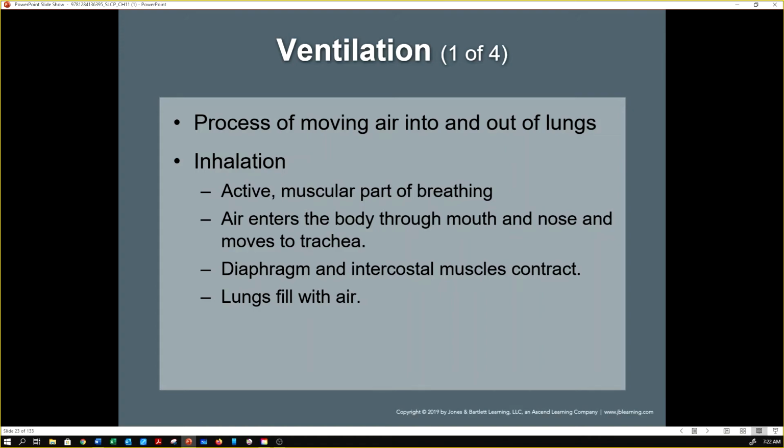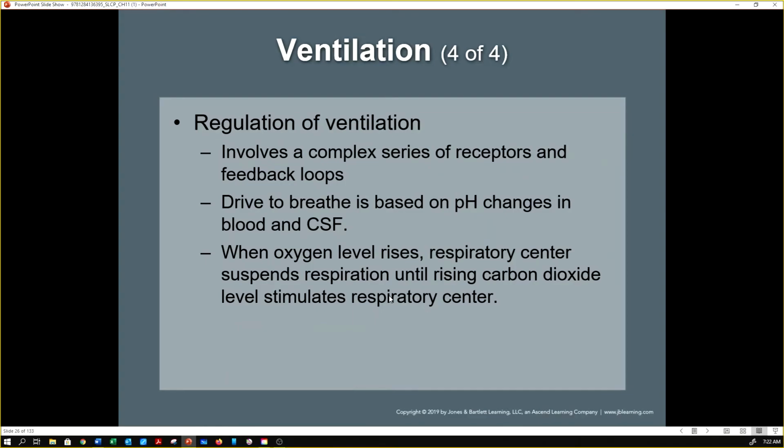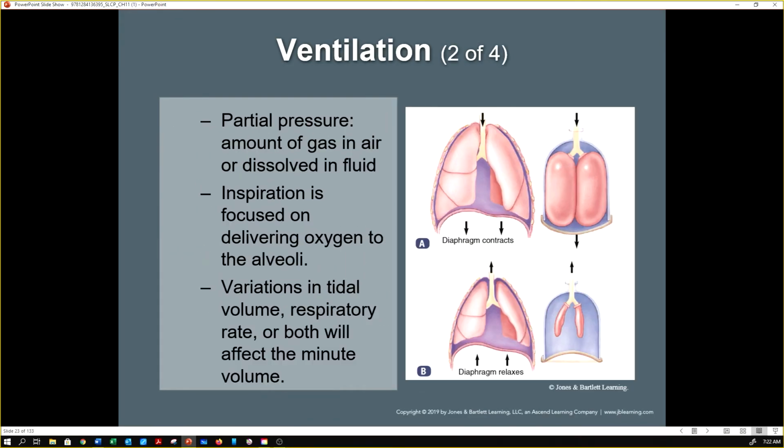All right. So inhalation is different than ventilation, right? Inhalation is that active muscular part of breathing. It's when the diaphragm starts getting into the game.